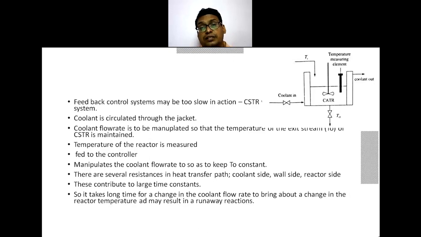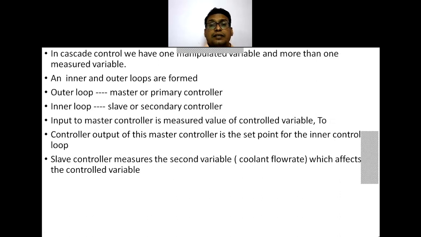The system responds slowly because of all these resistances, and as a result my temperature may shoot up drastically. It takes a long time for changes in the coolant flow rate to bring about a change in the reactor temperature and may result in runaway reactions or an increase in temperature. For that, cascade loops have been used. Cascade control systems have to be used to manipulate the variables.